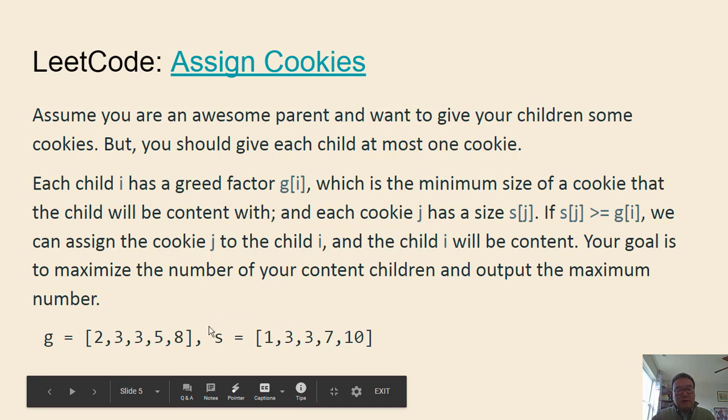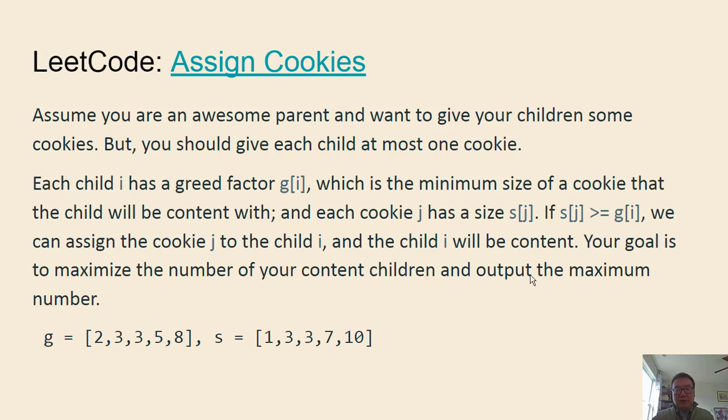So 1 doesn't work, doesn't satisfy anyone. So we look at 3, and 3 can satisfy 2. So 2 is satisfied. We have a solution to satisfy 1 kid. We look at the next one, 3, and satisfy that. And then 7 satisfies 3, 10 satisfies 5. So we satisfy 4, and we are out of cookies. So that is one way to solve this problem.